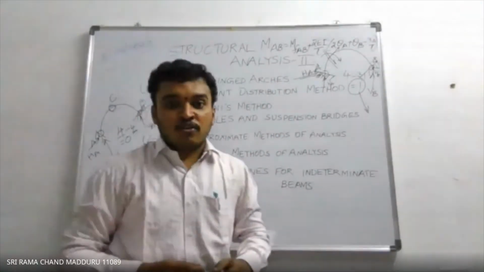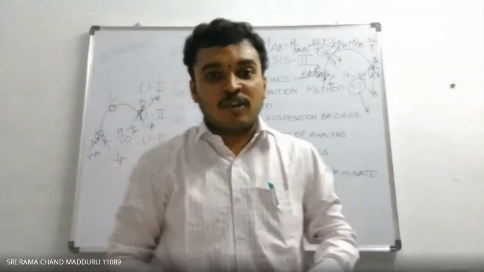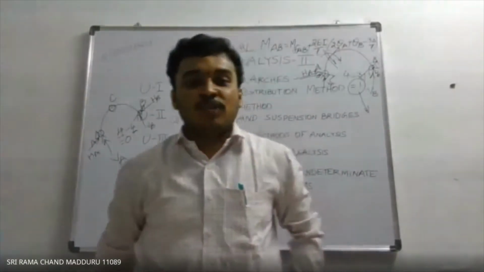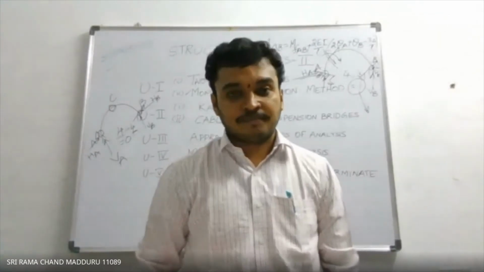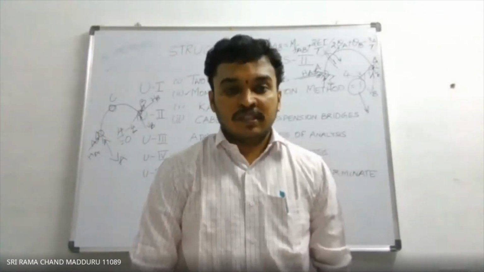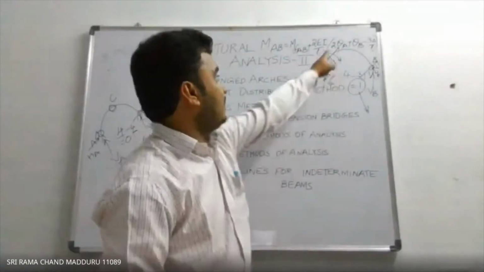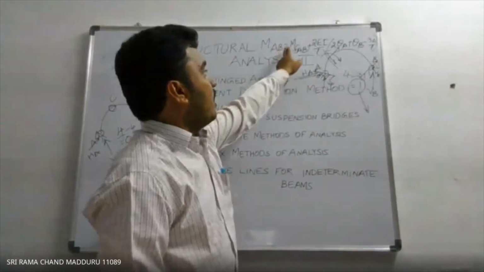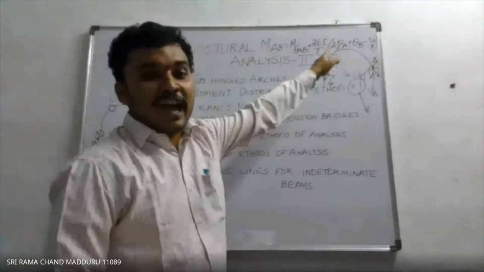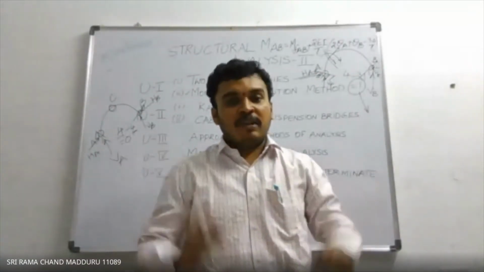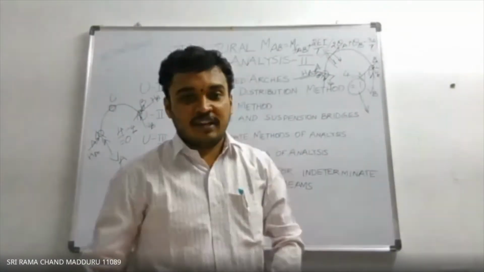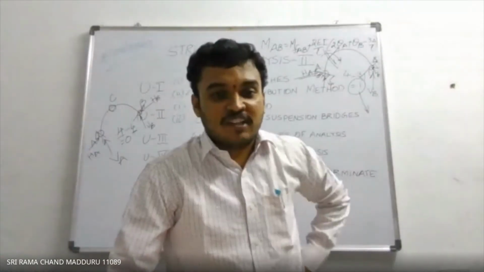Yes or not? So we used to write MAB is equal to MFAB plus 2EI by L into 2 theta A plus theta B minus 3 delta by L. So using this, we calculate the unknown moments in a particular beam using our slope deflection method.